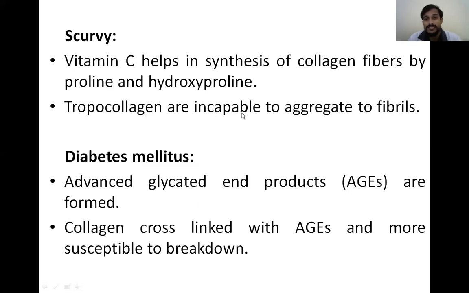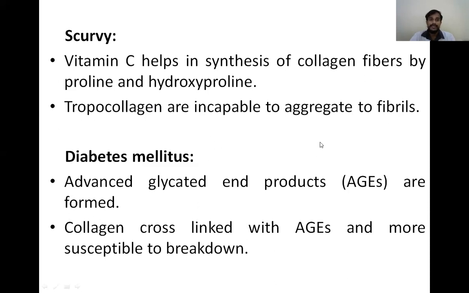Tropocollagen are incapable of aggregating to form collagen fibrils. So in scurvy we can suspect vitamin C deficiency, and we can also suspect collagen diseases because in vitamin C deficiency there is defective collagen formation.